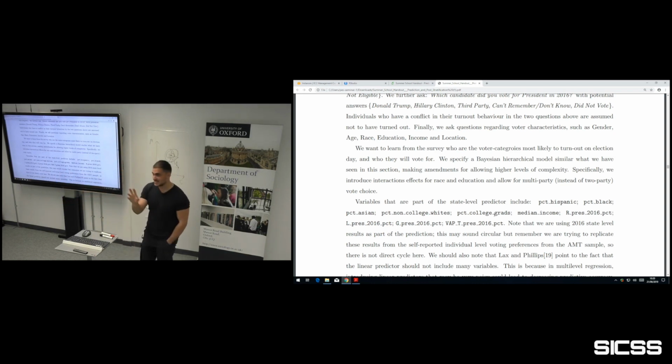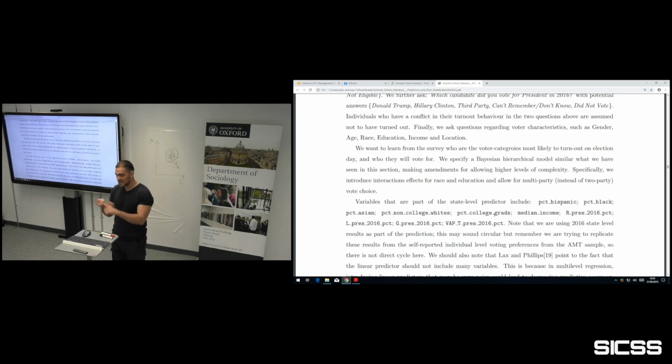Now, before you ask, yes, we're predicting 2016 state-level results with 2016 covariates. Perhaps it's cheating, but the reason I'm showing you this is because, A, there is no direct circularity because we're using these models to inform an individual level model, and B, these are going to be the variables that you're going to be using to predict the 2020 result in your exercise.